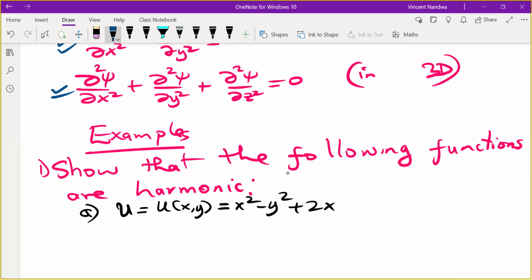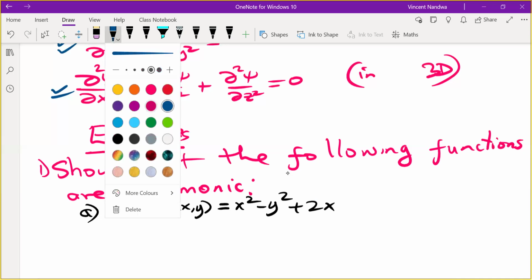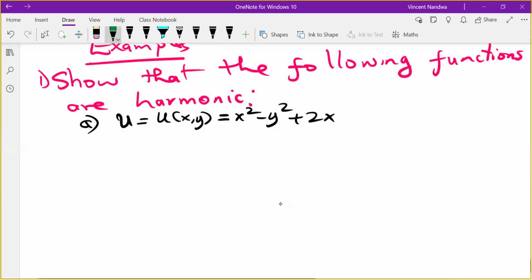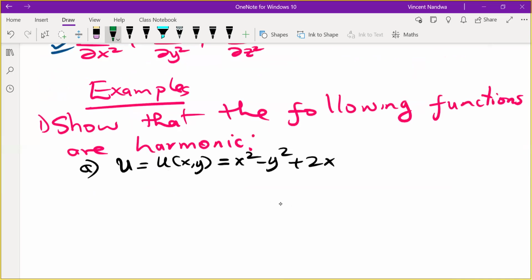So this function is in which dimension, 2 or 3?